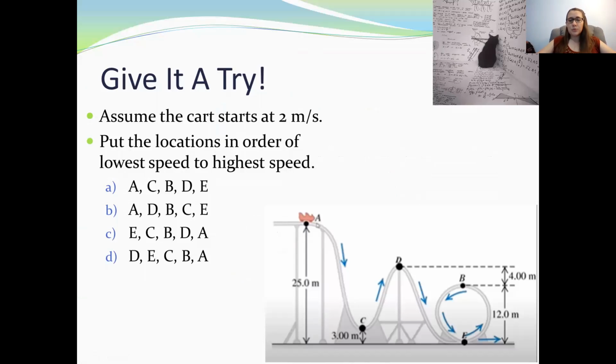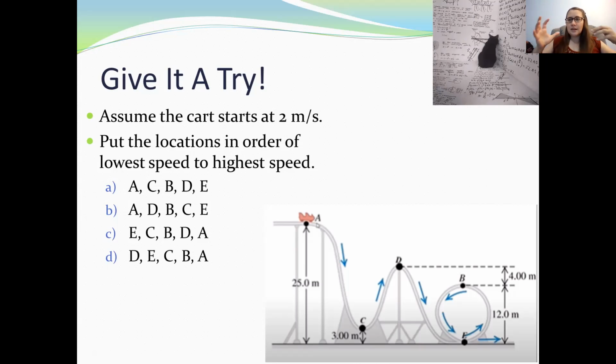So when we're thinking through which place has the highest speed versus the lowest speed, that's asking about the kinetic energy, because kinetic energy is the one that deals with speed. So the place that it has the lowest speed is the place where it has the lowest kinetic energy. Due to conservation of energy, that's going to be the place where it has the highest potential energy. And it has all of this potential to fall and go faster. But right now, with all of that potential energy, it's moving very slowly.